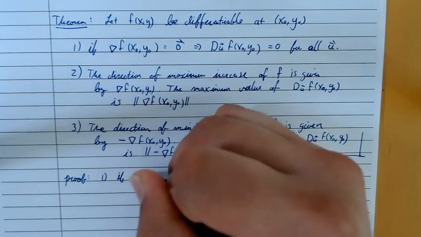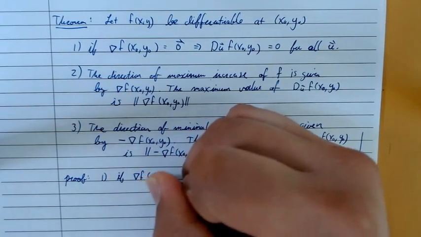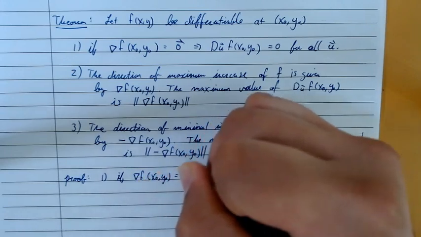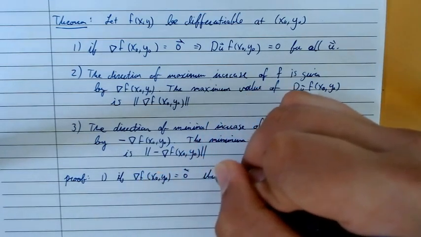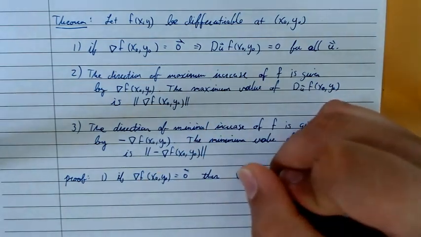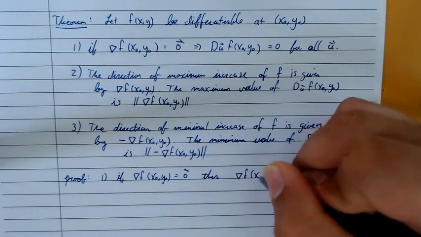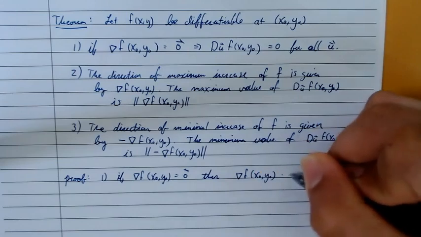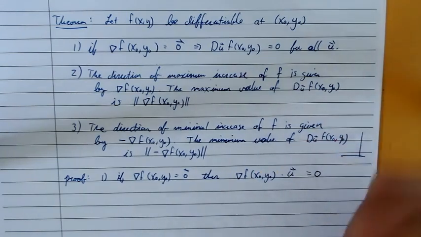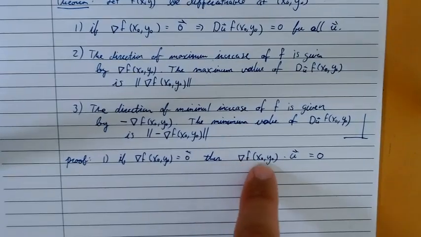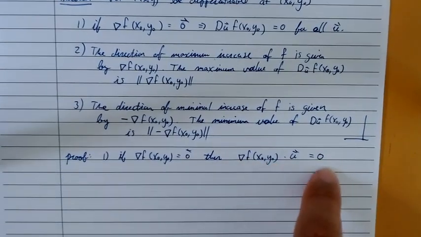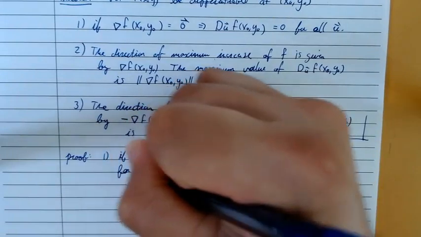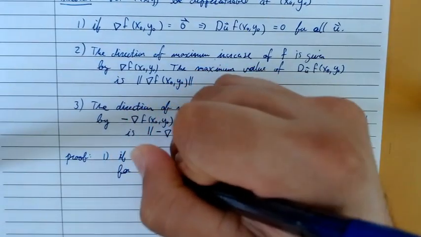if the gradient of f at x naught comma y naught equals the 0 vector, then the gradient of f at x naught comma y naught dotted with u is equal to the number 0, right? If you take a 0 vector dotted with anything else, you get the number 0 for all values of u.